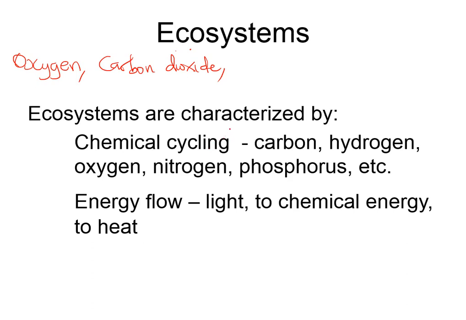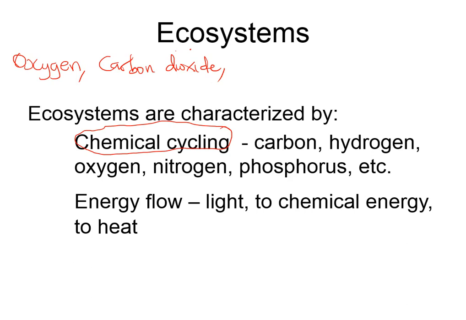So we have what we call chemical cycling. One of them is carbon. Another one is hydrogen. The carbon cycle will provide carbon dioxide and then get carbon back. Hydrogen will provide water, that is the hydrogen cycle. Oxygen also will provide carbon dioxide, oxygen, and bring back oxygen. The nitrogen cycle is important for fertilizers and the like.